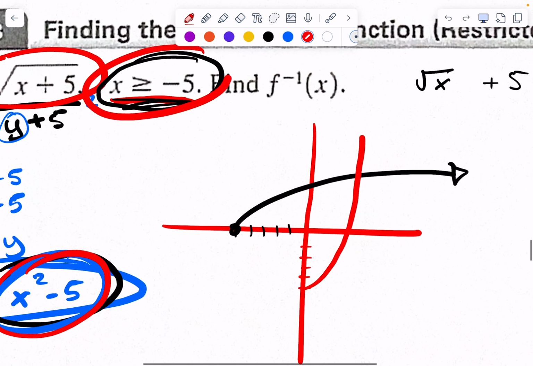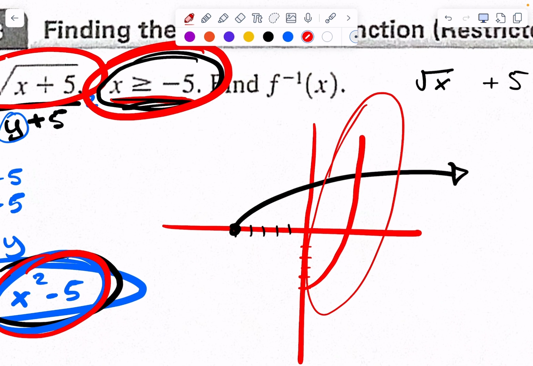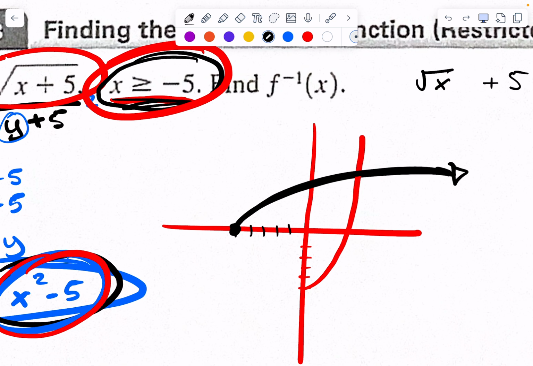Like here they said x has to be greater than or equal to negative 5. The x coordinates have to be greater than or equal to what? If we're talking about just wanting that little loop-de-doo, this little guy right here.